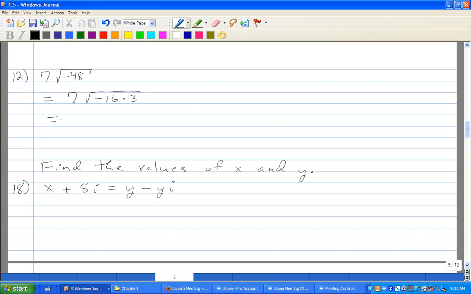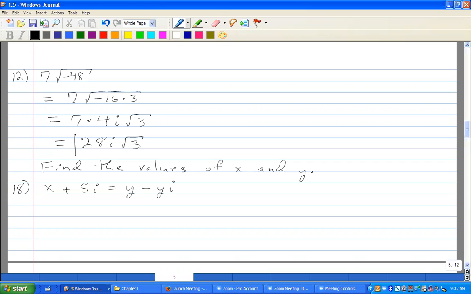The square root of -16 is 4i, so we get 4i rad 3. And so 7 times 4 is 28i rad 3.